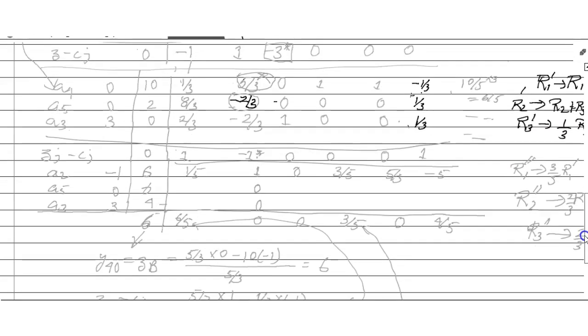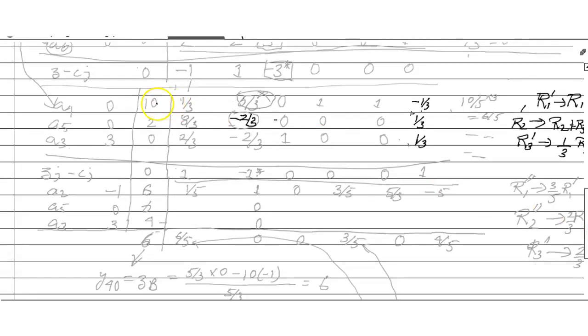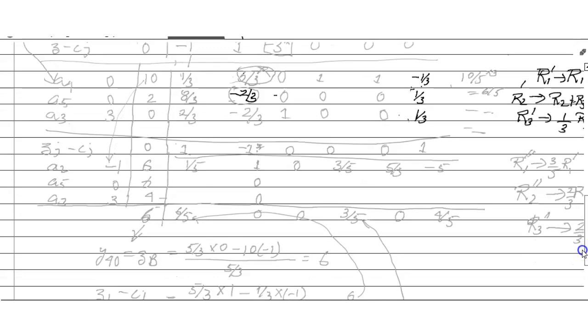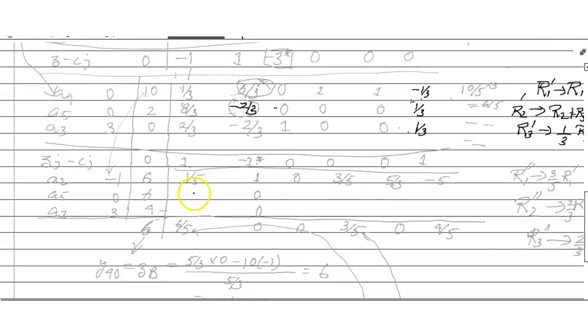This is another way. 10 with minus 1, this portion and this portion with 0, and that's why I get 6, and 5 by 3 into 1, another portion is 5 by 3 into 1. Another way is this: 5 by 3, 1 by 5, and this portion, how can I get it? I get plus 2 by 3.